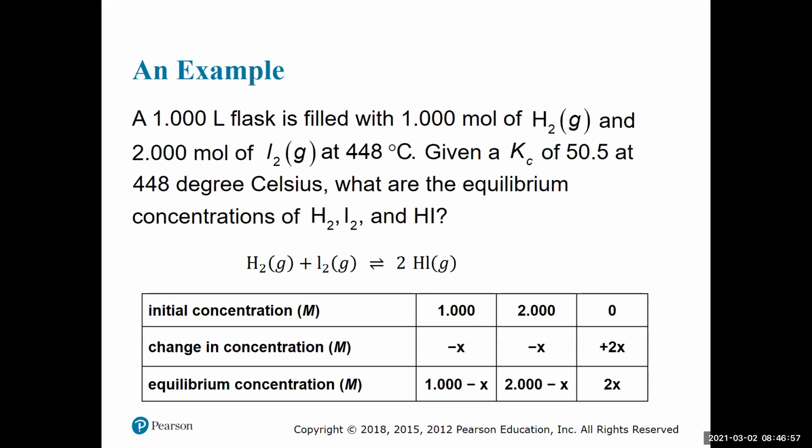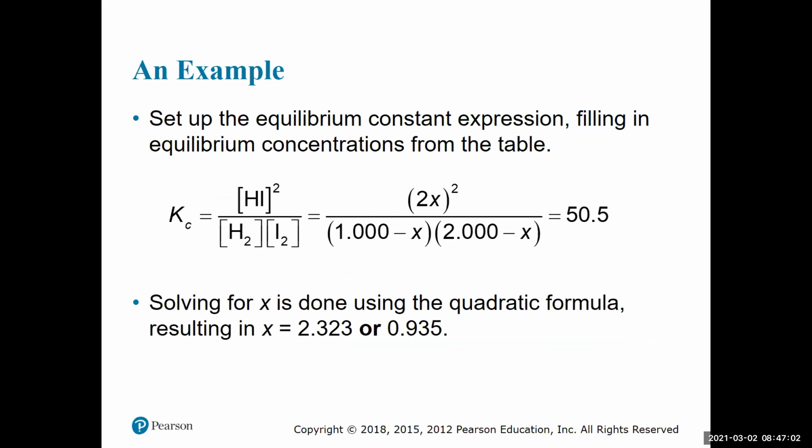We said it's products over reactants, and each of those concentrations is raised to the exponent of whatever that coefficient is. So that's why we have 2x squared in this case. So we plug in those values and we have 2x squared divided by 1 minus x times 2 minus x. And then that's equal to the equilibrium constant, the 50.5. And so then we would need to solve for what x is.